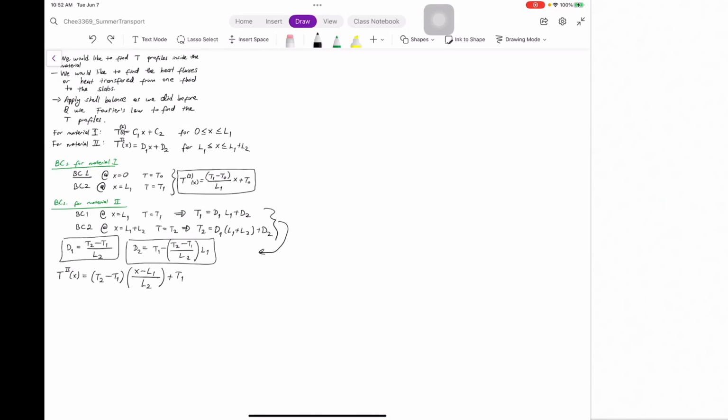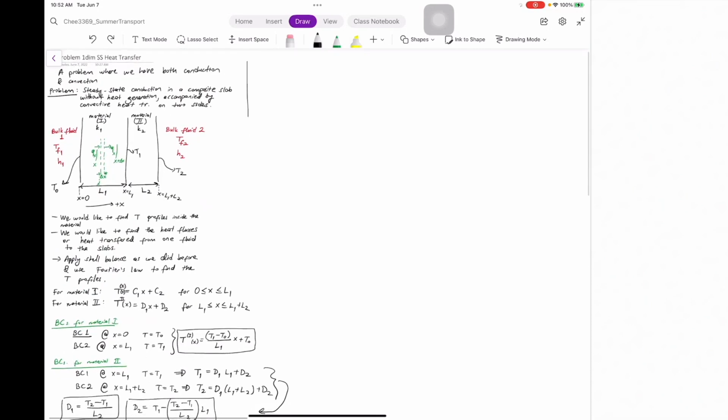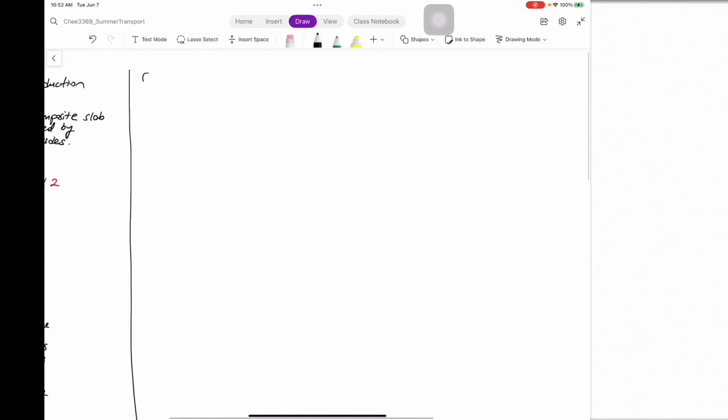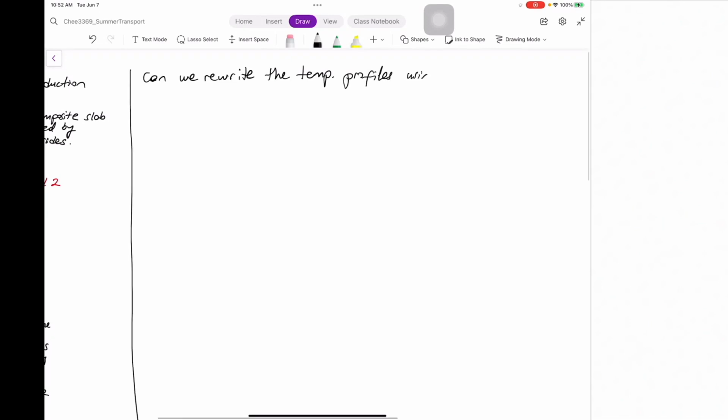So we should write down here the question: can we rewrite the temperature profiles using fluid temperatures?